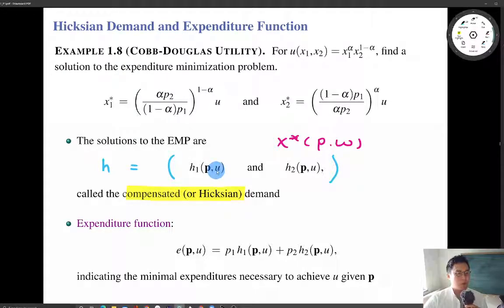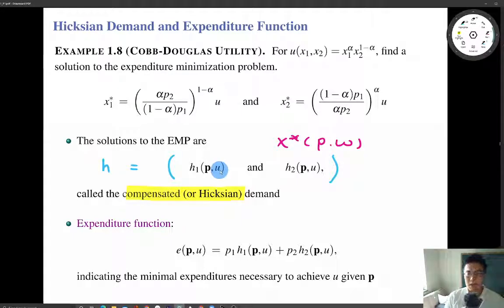So one disadvantage of the Hicksian demand is that it depends on an unobservable parameter. But there are a bunch of advantages regarding this Hicksian demand. This is why we separate EMP from UMP, and why we have to study it.